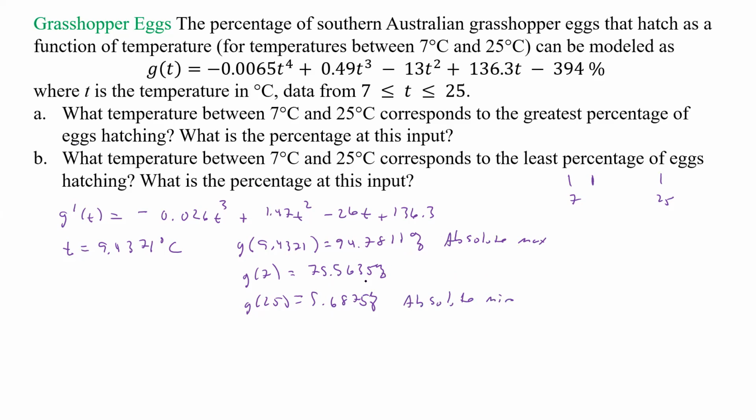So the 25 degrees C gives, if we just round it to one decimal place, 5.7% hatch. And at 9.4 degrees C it gives 94.8% hatch. And again, those are going to be our extremes, the absolute max and min.